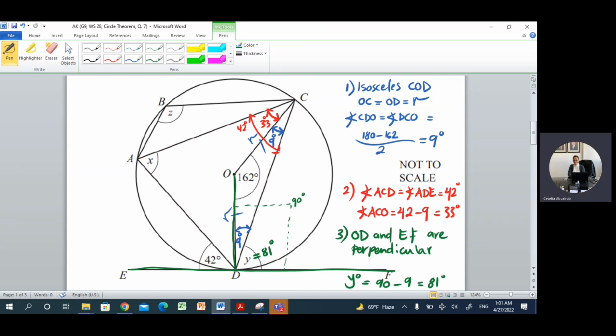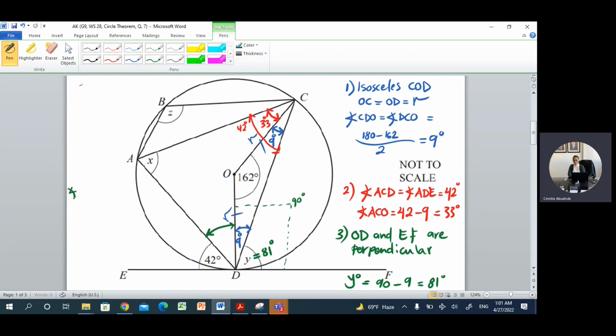And immediately, I will move to finding this angle here. So step number 4, and it is on a straight line, right? Okay, I think I need more space.